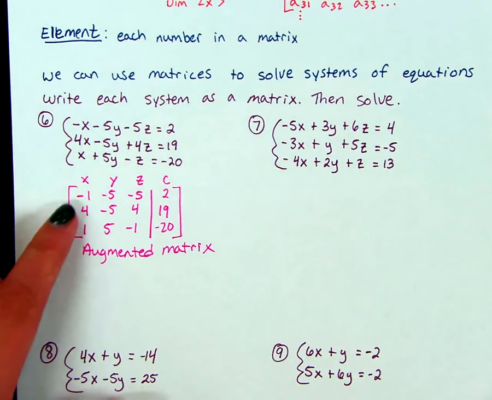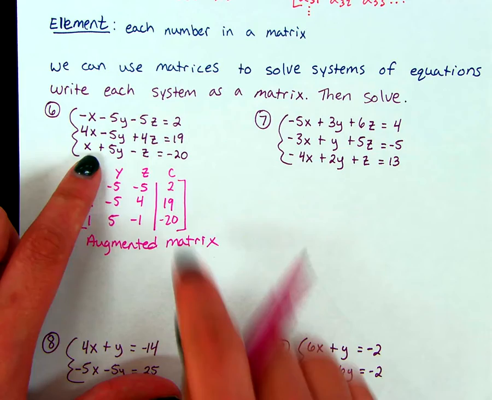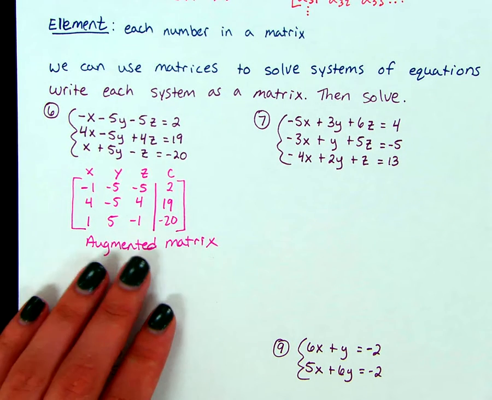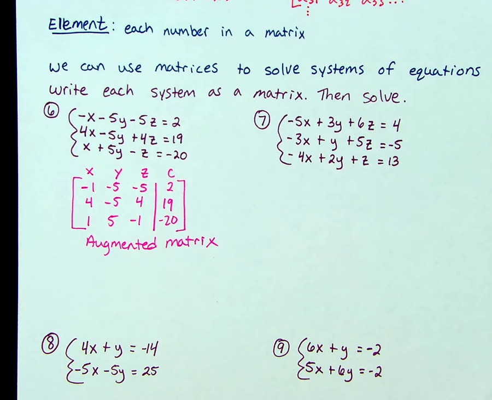So we have the coefficients on this side, constants on this side. So when we set up a matrix like this, we can actually have our calculator go through the elimination process of solving for us. So we would set up this matrix, and then we can actually type it into our calculator to solve. So this is a really nice thing to use for checking your answers when we are solving a system of equations.